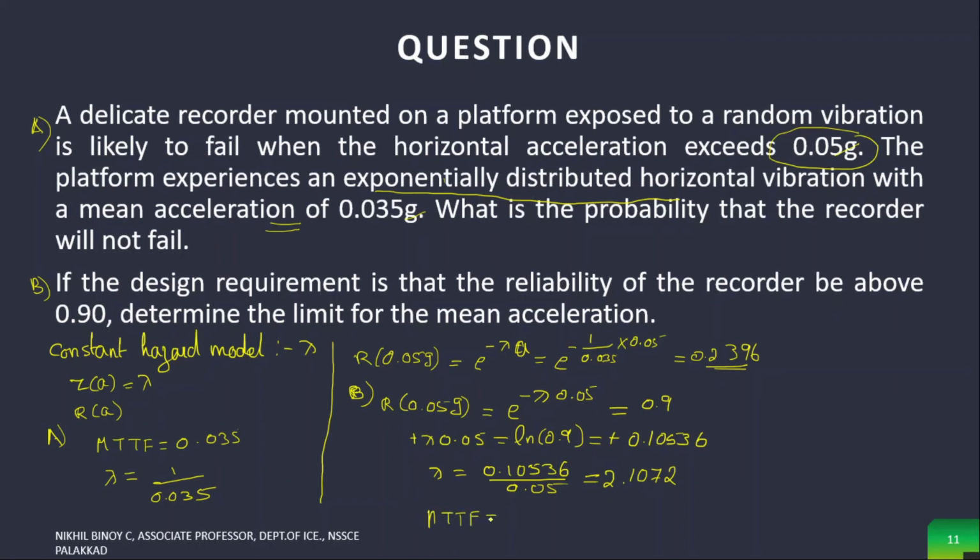The required mean time to failure is equal to 1 by lambda, which is 0.4746. This one is into G, so here we have to add G. So mean time to failure is 0.4746 G. That is the mean time to failure required if you want a reliability of 0.9 corresponding to 0.05 G acceleration. Is it clear to all of you?